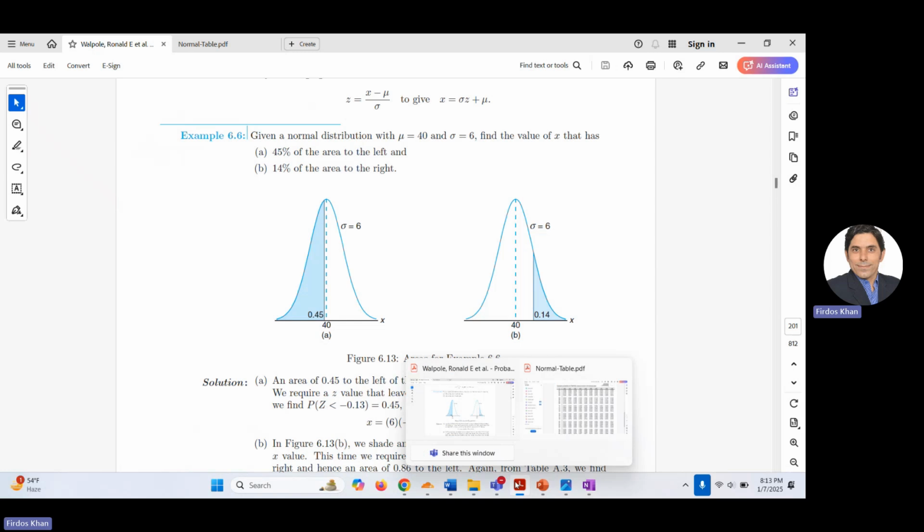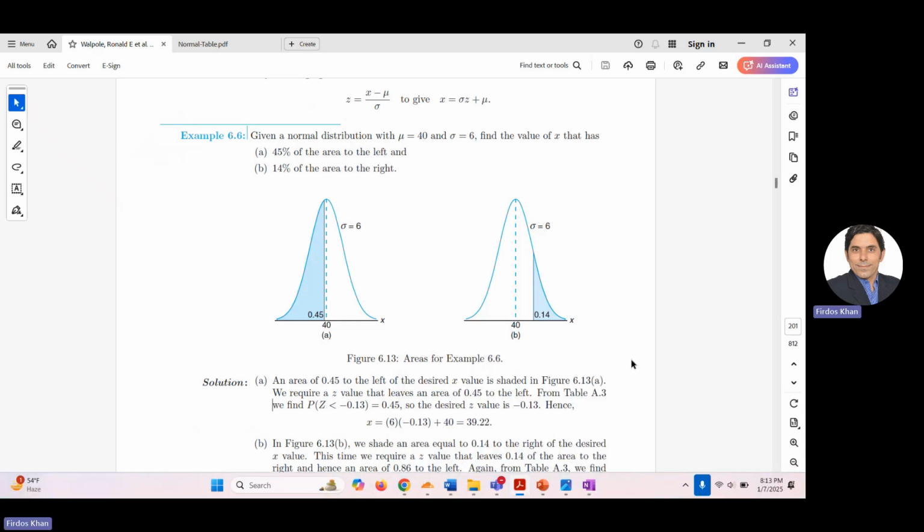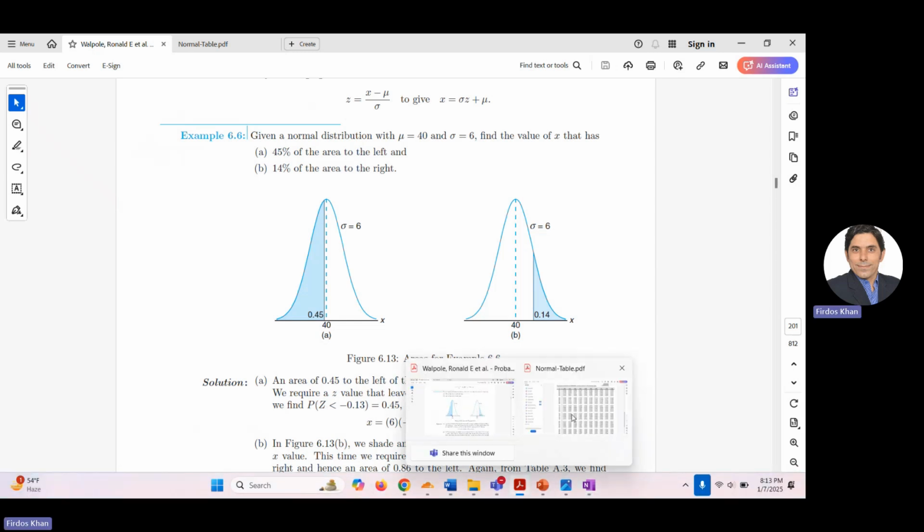So let's go to the table and find this value. Remember, the probability is 0.45.